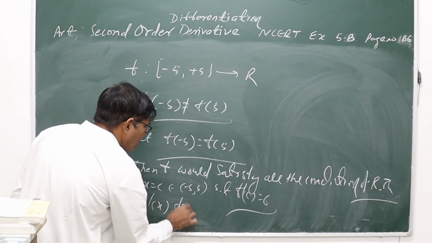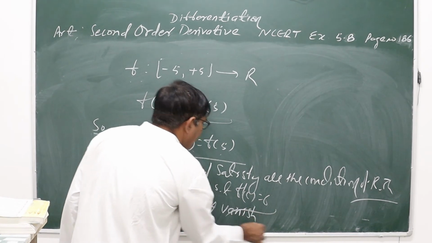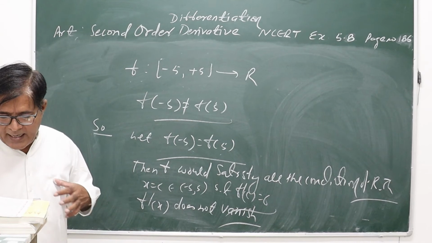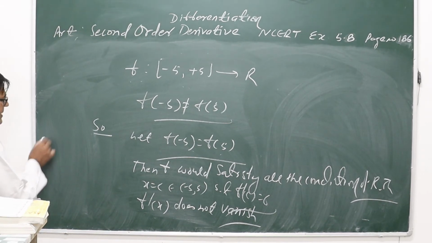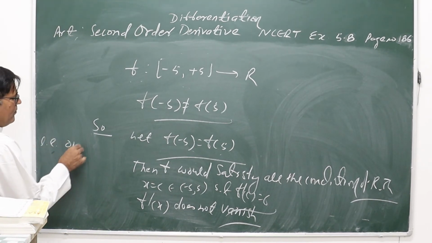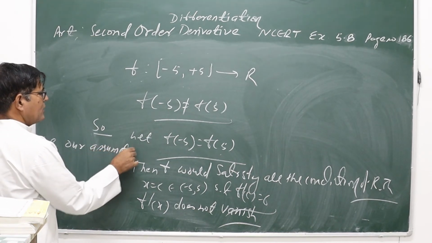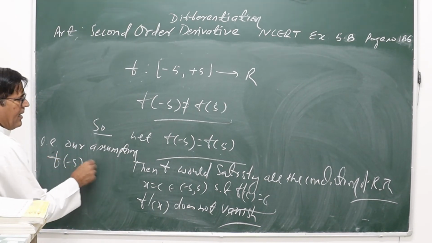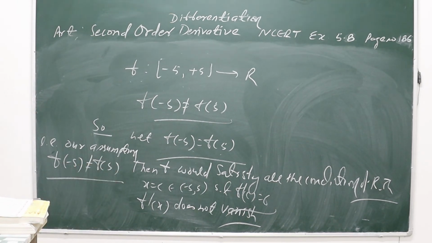but f dash x does not vanish, ये आपको क्वेश्चन में दे रखा है. अगर f dash x वैनिश नहीं हो रहा है एनीवेयर इसका मतलब क्या है कि जो पोजीशन अपन ने मान के चला है दैट इज आर एजम्पशन जो अपन ने मान के चला कि f of -5 है वो f of +5 के इक्वल नहीं होना चाहिए, hence proof.